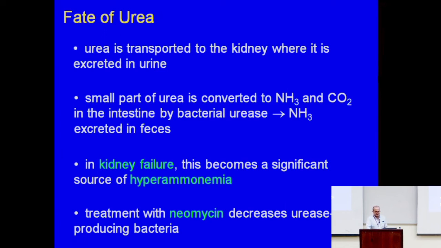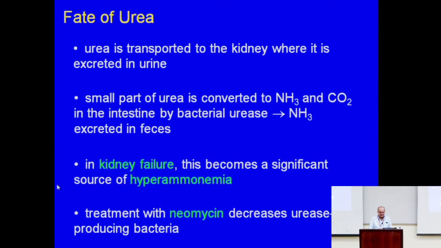I'm not going to get into a lot of these details, but the most important thing is that urea produced in the liver is going to be released in the bloodstream, sent to the kidneys as a non-toxic way of disposing of nitrogen. Okay?